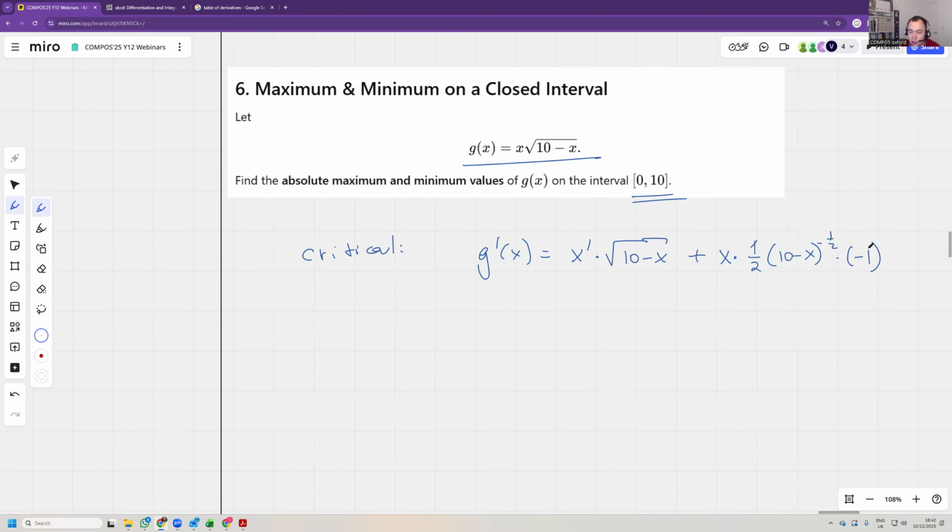So I use the chain rule here. And this is just 1, so that's equal to 0. So that's square root of 10 minus x minus x divided by 2 square root of 10 minus x equals 0.